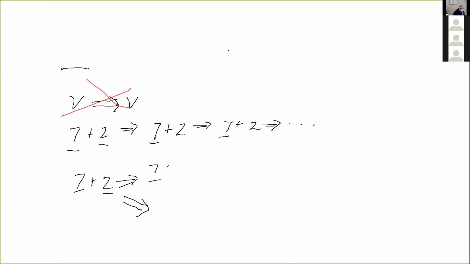I could go 7 plus 2, or I could go 7 plus the numeral 2 in one step. And then notice these come back together. Both of them, the only evaluation for either of them is to get rid of the numeral that's not eliminated. So it comes back to this. So the evaluation can diverge like this or like this, but then it comes back. And then after that, there's only one rule to apply, and I get the answer 9.